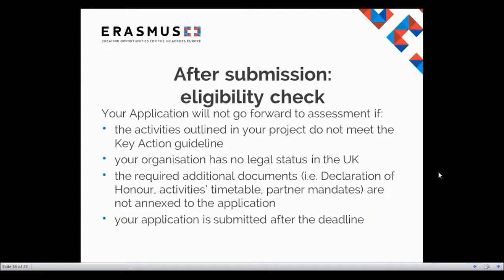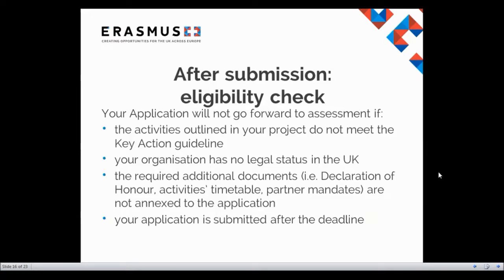Once we have received your application, the national agency will do some preliminary checks on your application. Your application will be deemed ineligible and will not go forward to assessment if it does not meet any of the eligibility criteria specified in the Program Guide for Key Action 1 Youth Mobility Projects. You will find these on pages 80 to 82 of the 2017 Program Guide.